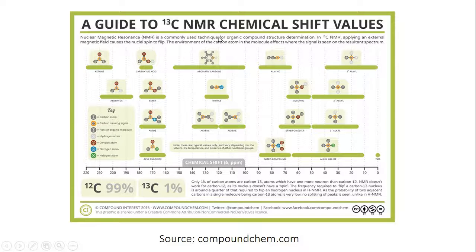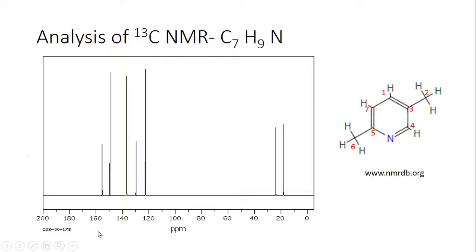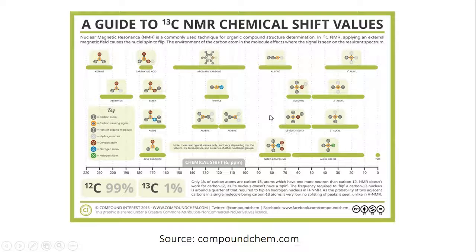So thinking about our spectrum, we can go back to the table and we can see that we possibly have an aromatic carbon, so a benzene ring perhaps, which would be 5 of the 7 carbons, and a nitrile.